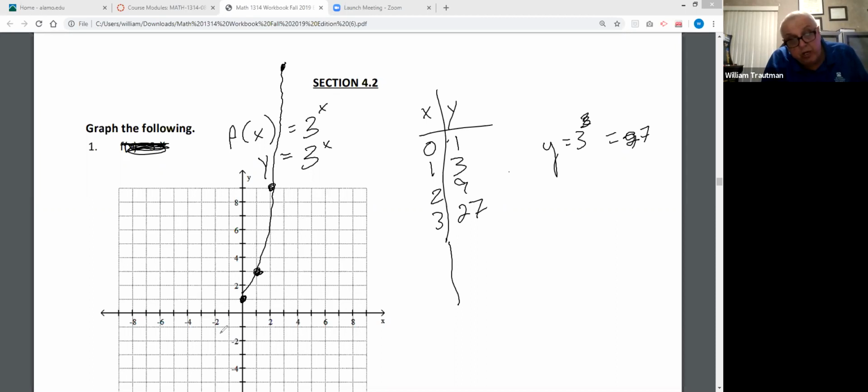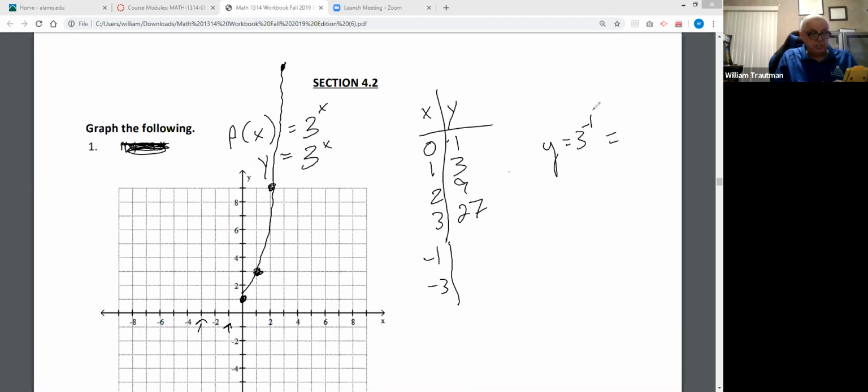So now I want to know what's happening on the negative side. So I'm going to put a -1 in there and then a -3 in there and see what happens. So let's put a -1 and 3 raised to the -1 power.